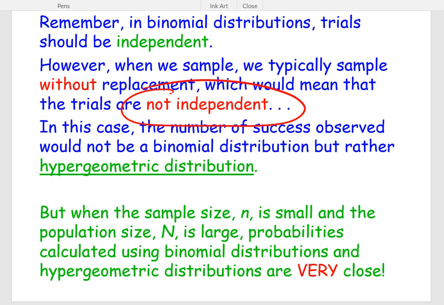But when the sample size n is small and the population, capital N, is very large, the probabilities can still be calculated with the binomial distribution, because while the probability changes, it's not enough to really make a difference. So if we have a really large population and a really small sample, the results from binomial distribution and the hypergeometric distribution are very, very close to the same.